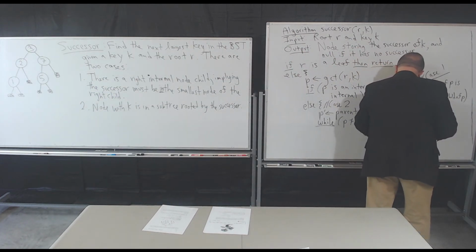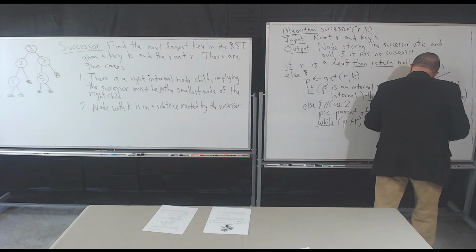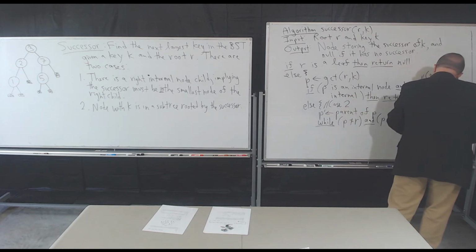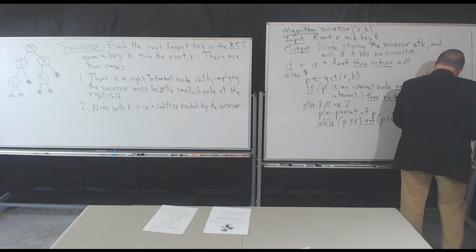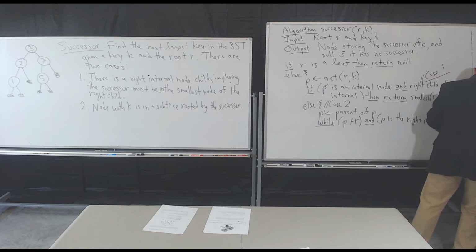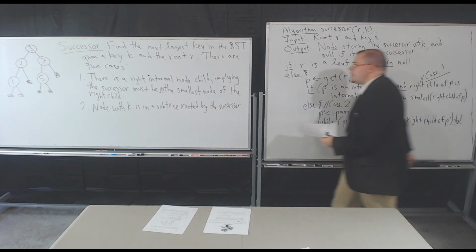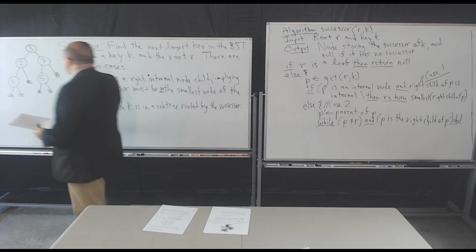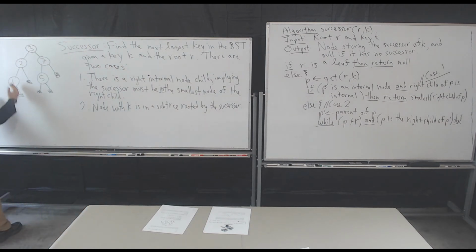And P is the right child of P prime. Why do we need to care about it being the right child? So if I keep going up, and as long as I'm the right child of that node, that means that I was bigger. I'm always going down, right? Because if I go down to the right, I get bigger, right?